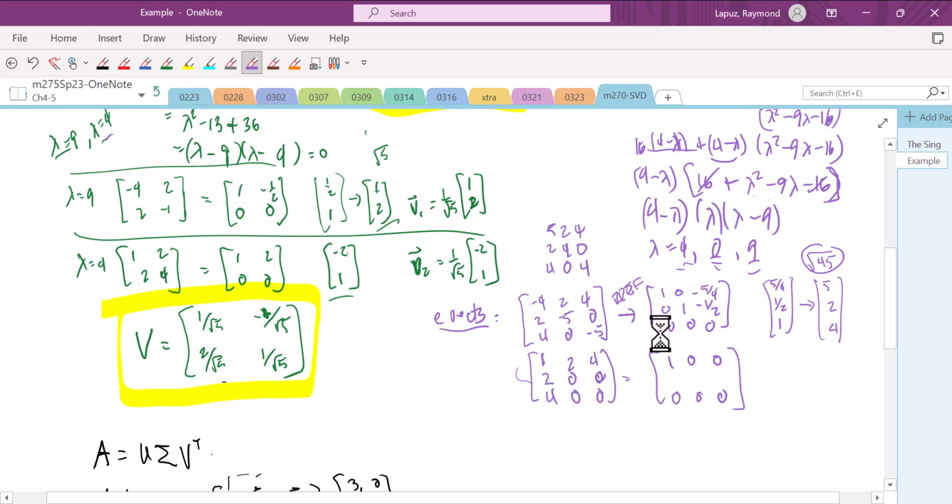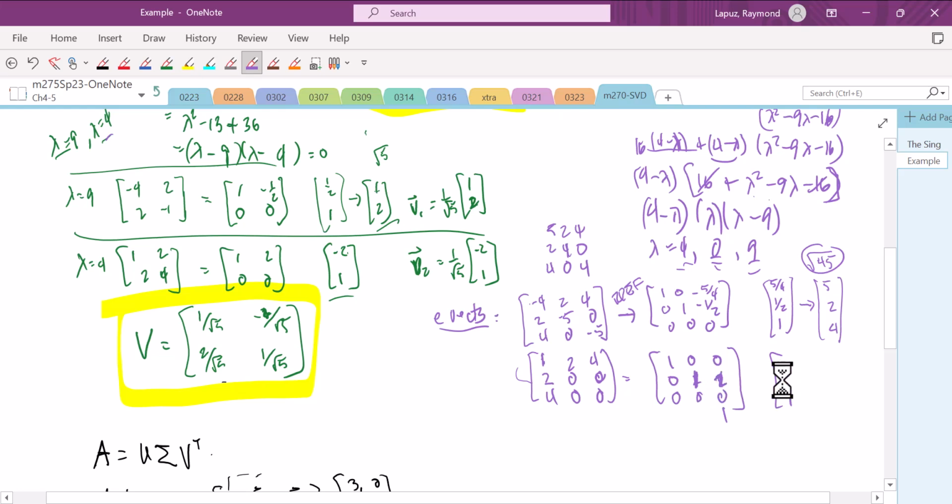And then this first row, 1 minus 1 is 0. And then everything else stays the same, 2 and 4. So let's call it 1 and 2. And I believe that is simplified. So we got a free variable in the last component.